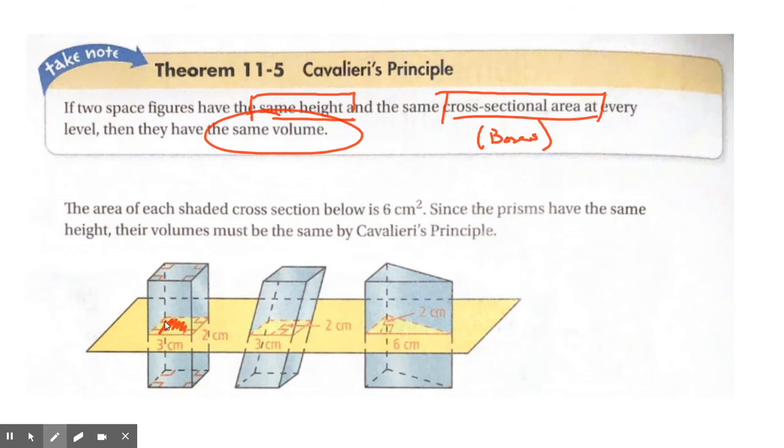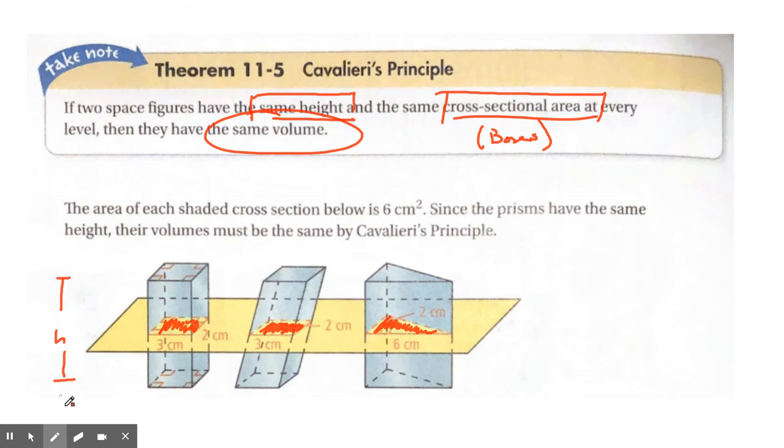So this square has an area of 6. This, I guess it could be a rhombus or a parallelogram, has an area of 6, and this triangle has an area of 6. And because they're all the same height, as you can see, all of these figures will have the same volume, despite being different shapes. Okay, be aware of that.